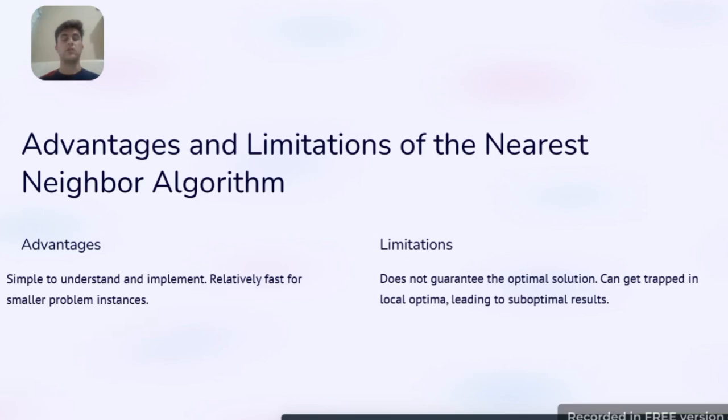Advantages and disadvantages of the nearest neighbor algorithm. Advantages are that it's simple to understand and implement, and relatively fast for smaller problems. The disadvantage or limitation is that it does not guarantee an optimal solution, and can get trapped in a local optimum, leading to suboptimal results as well.